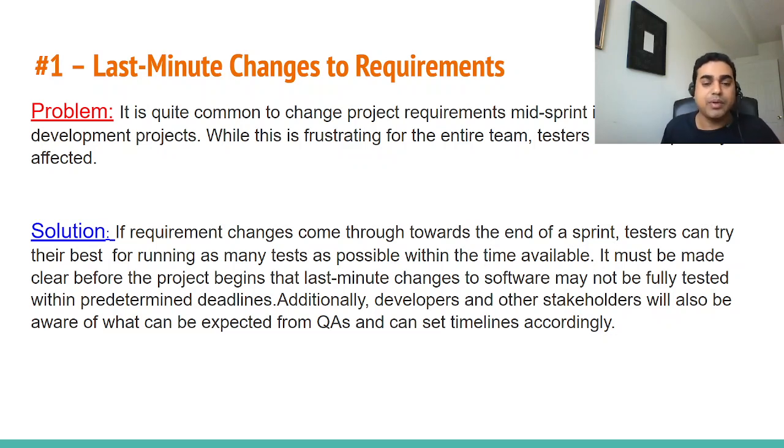That's what I feel. Testers can try their best for running as many tests as possible within the time available. It must be made very clear before the project begins that the last minute changes to software may not be fully tested within the predetermined deadline.